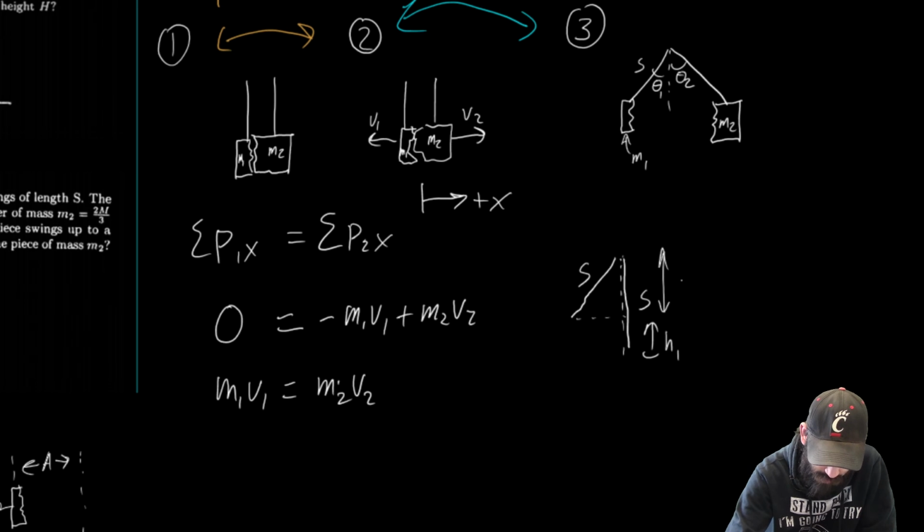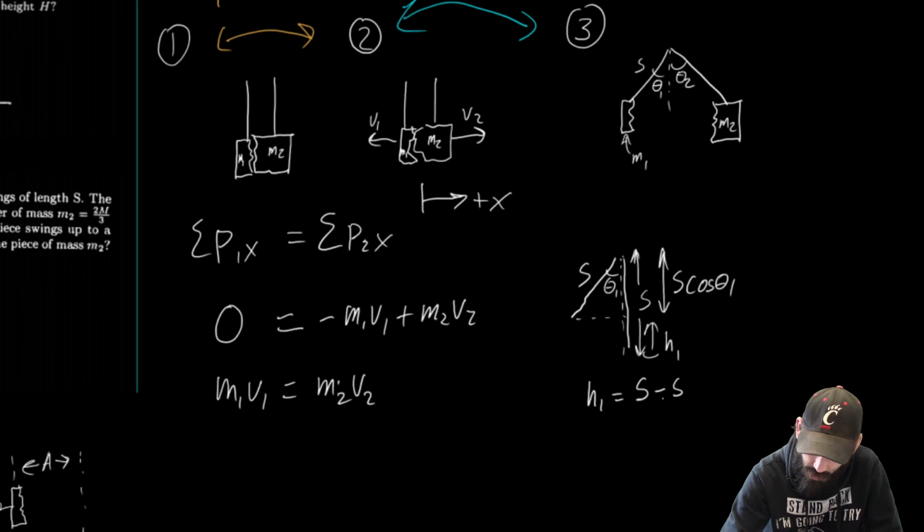This is going to be a distance S times cosine of theta 1, which says that H1 is equal to S minus S times cosine of theta 1, or S times 1 minus cosine of theta 1.